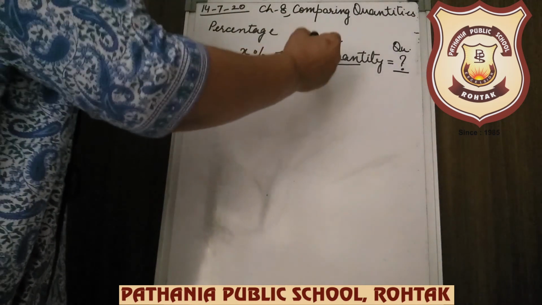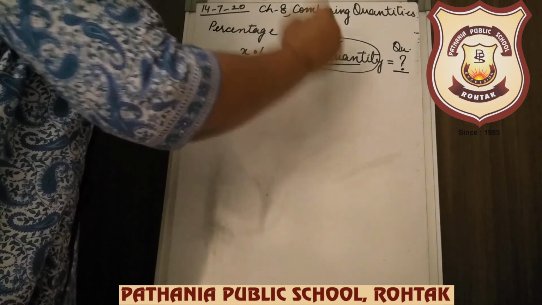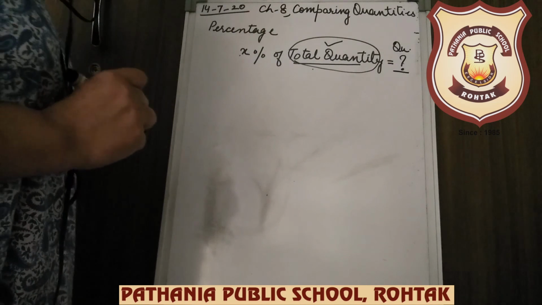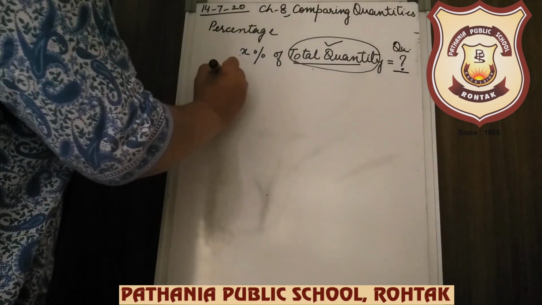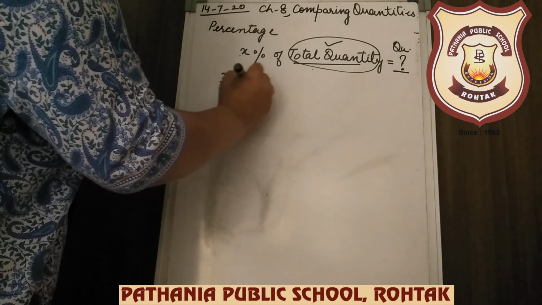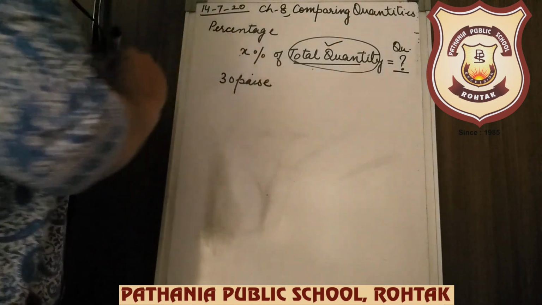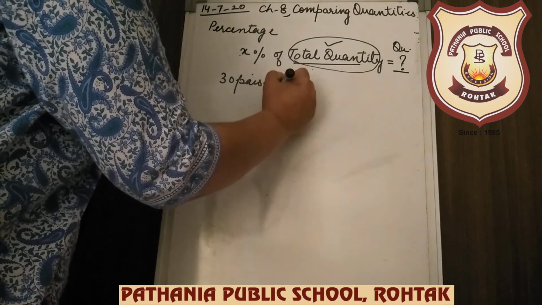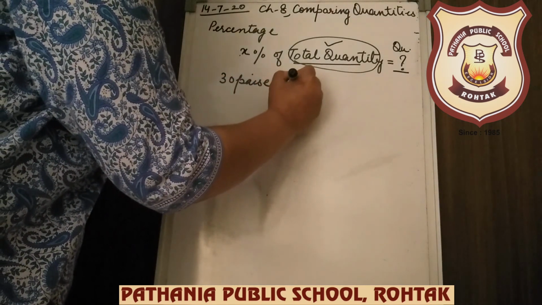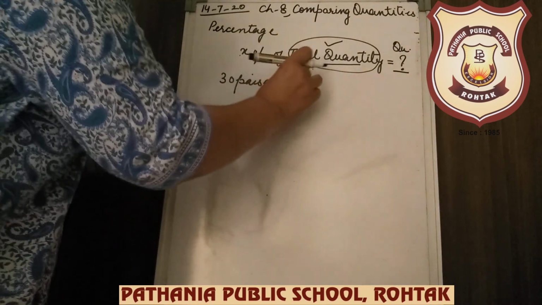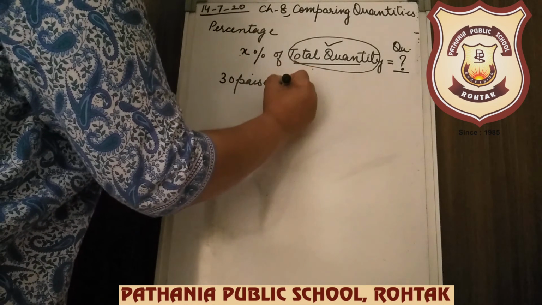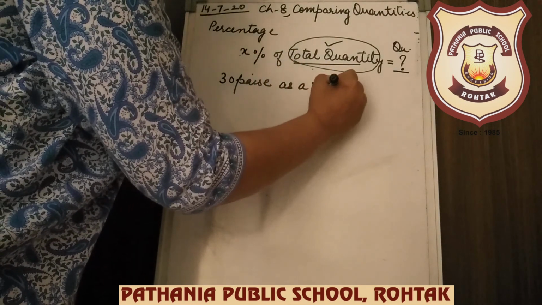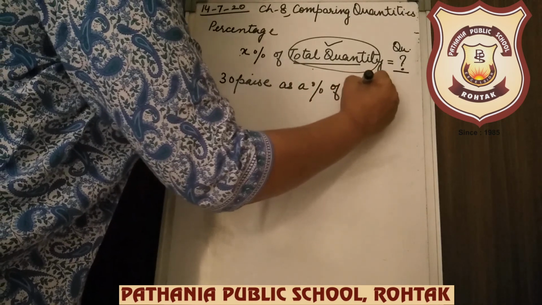Now yesterday I told you this total is always going to be the largest one. Now here I take an example. Suppose you have 30 paisa and you have to find it as a percentage, 30 paisa as a percentage of rupee 6.